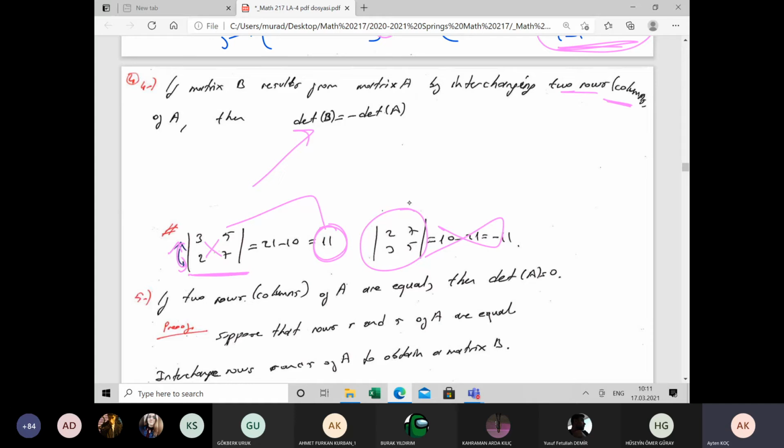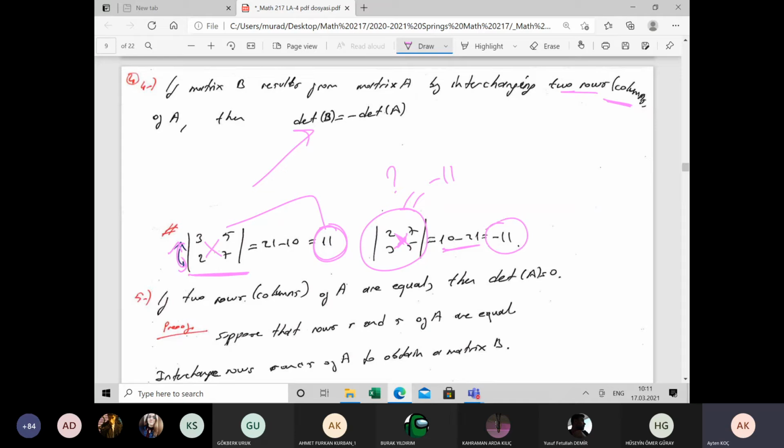Let's see whether this is true. Interchanging rows, we obtain matrix B. This is 10, this is 21, so we obtain minus. This is the determinant of A, and the determinant of B is equal to minus the determinant of A. Or change the columns and we obtain the same result. Okay?